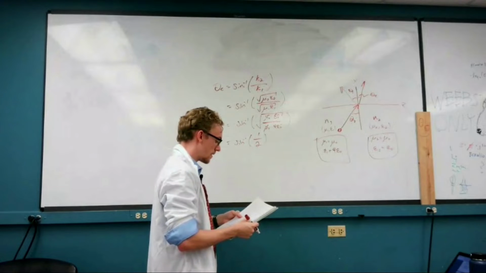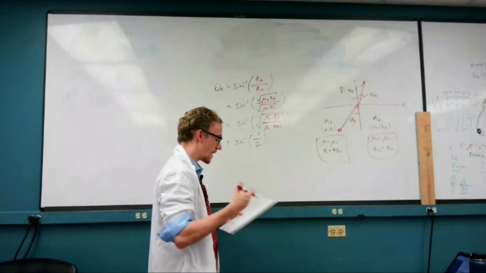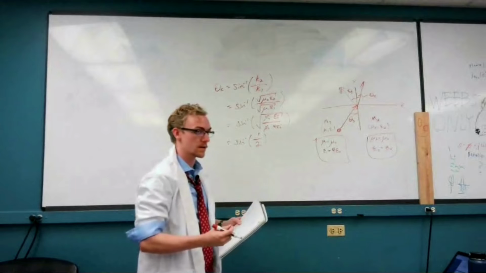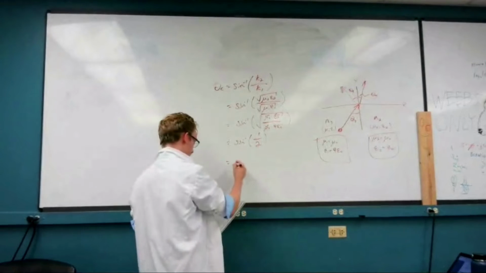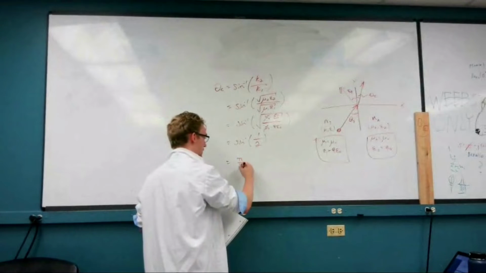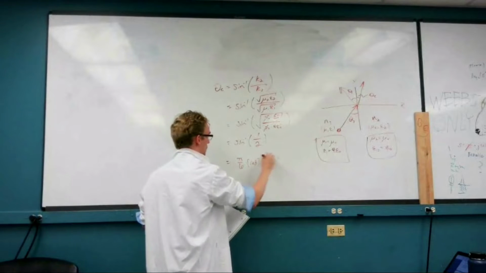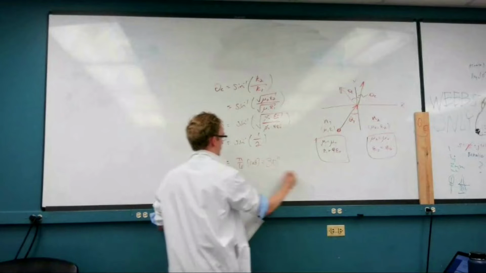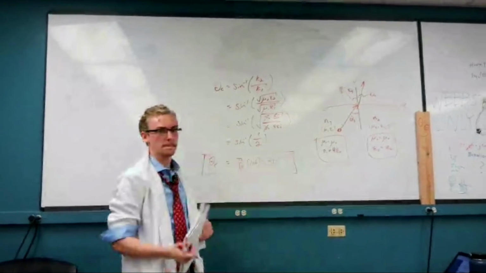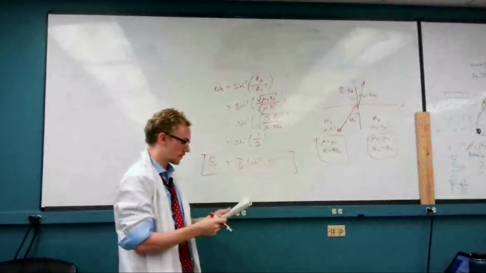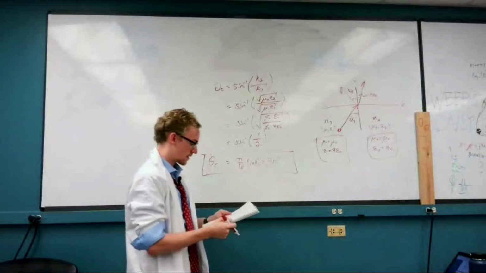And if I have remembered my trigonometry correctly, this should solve to pi over 6 radians, or 30 degrees. Pretty straightforward, just the critical angle formula. Nothing too special.